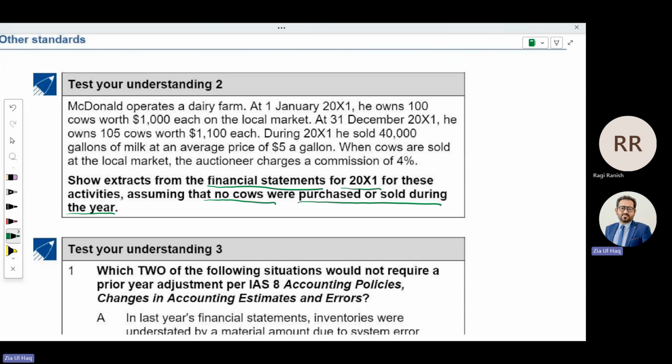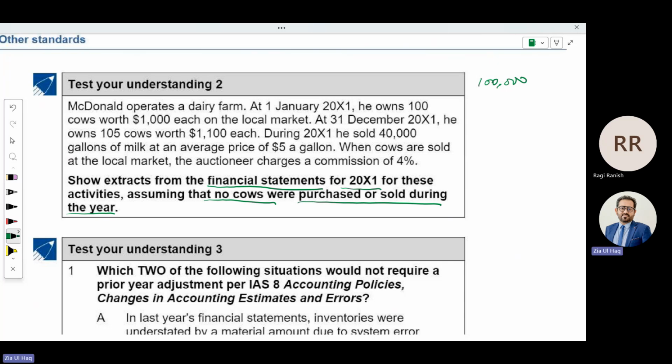McDonald operates a dairy farm at 1st January 20x1. He owns 100 cows worth 1,000 each on the local market. So their value was 100,000 at the start of the year.